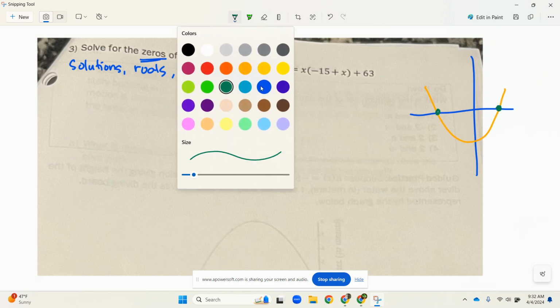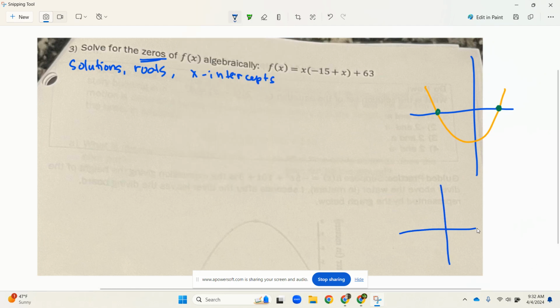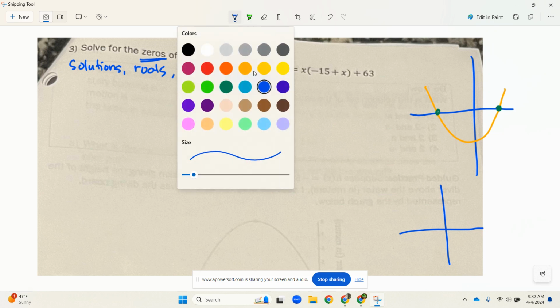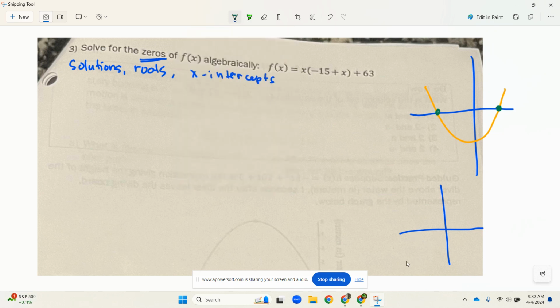However, if your graph looks like this, as you can see, it did not even touch the x-axis, right? So therefore, you do not have real number x-intercepts, because it did not even touch the x-axis.